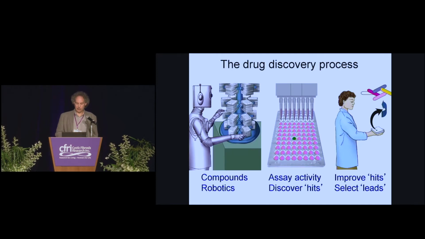The way the drug discovery process works is to take up to tens or even hundreds of thousands of drug-like chemicals, test them individually against some target, in this case CFTR, using robotics, and then from the assay identify hits, compounds that have activity against a target. Then by laborious medicinal chemistry, it's possible to improve the hits, select leads, and develop an actual drug.